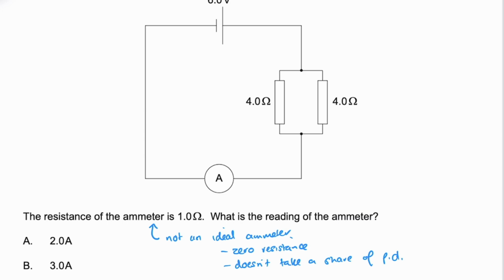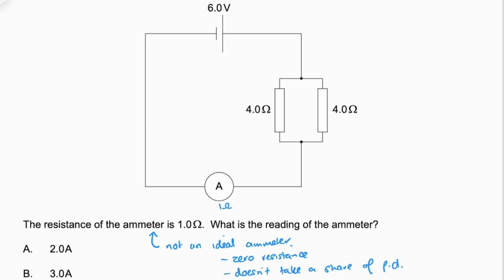We want to find out what the current through the ammeter is. We know that this is 1 ohm, and we can work out what the total resistance of this parallel structure is here. 1 over RT equals 1 over 4 plus 1 over 4, which is of course 2 over 4, which is 1 over 2. So RT is then equal to 2 ohms.